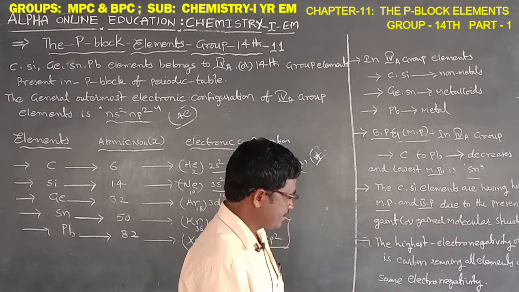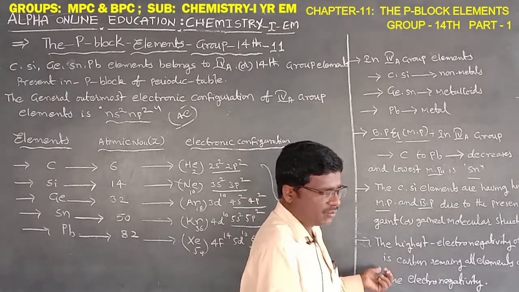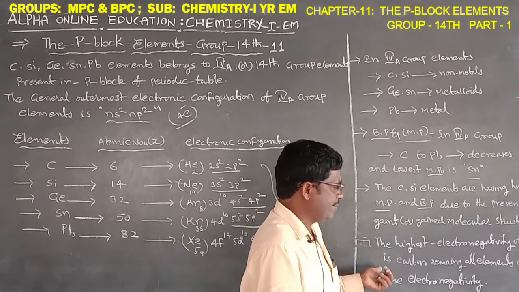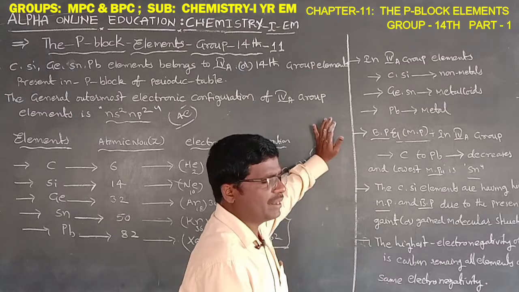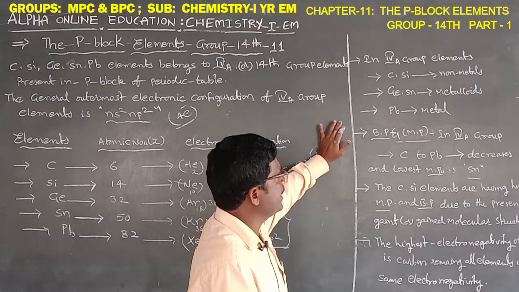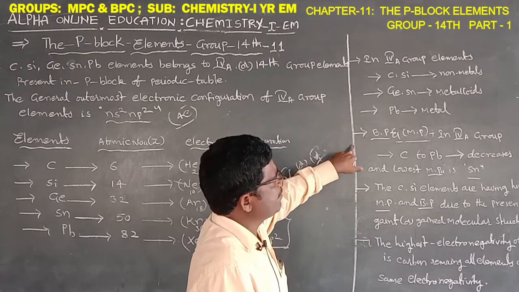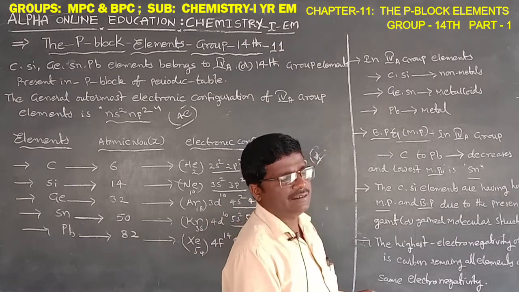Next, the element with the highest electronegativity in fourth A group elements is carbon. The remaining elements, silicon, germanium, tin and lead, have the same electronegativity values.